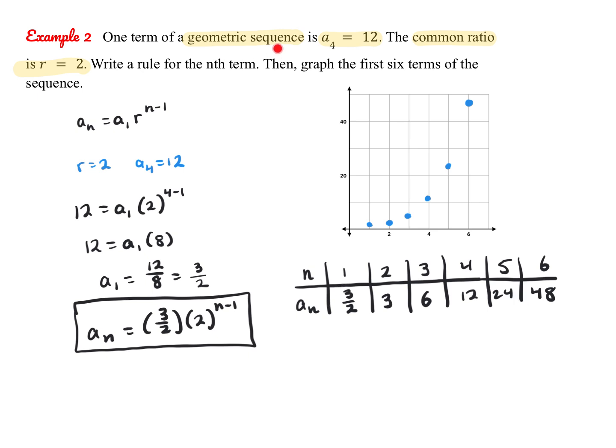So these geometric sequences are essentially just exponential functions, but again, we're not going to connect everything in between because we're only working with whole number n values. But when you plot these points, they should end up looking like an exponential function. And then if your r value is less than 1, you'll see that you have a decreasing graph, but it would still look like an exponential function.